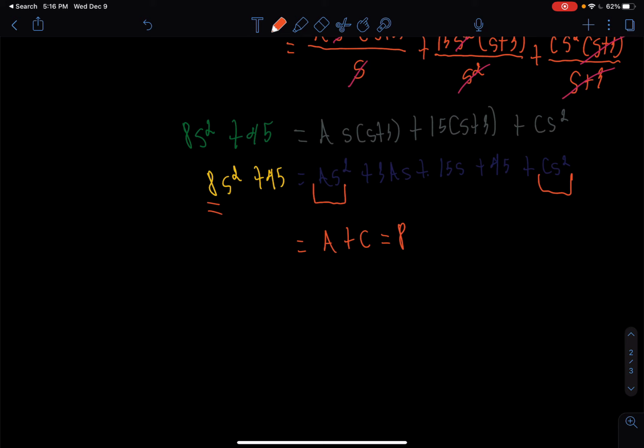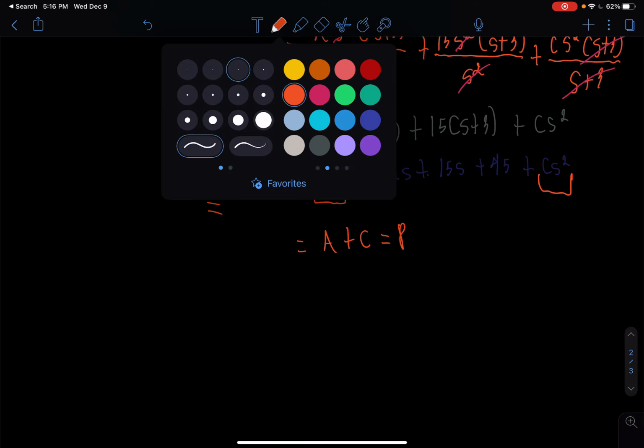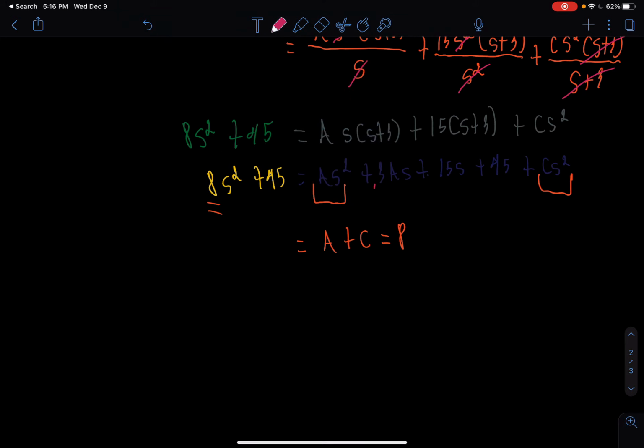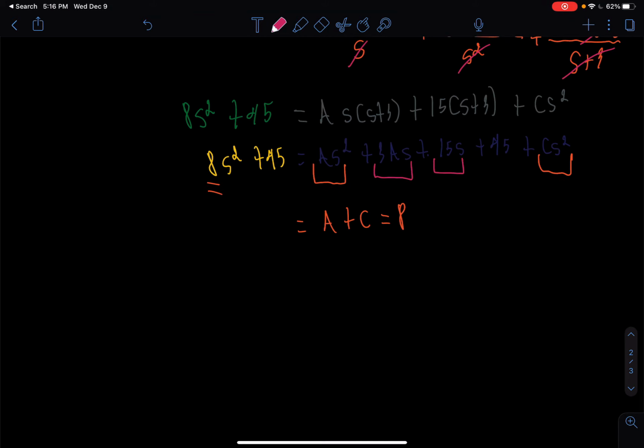So basically we can now match this right here. So now we can have 3a plus 15 equals 0, right? Because there's no term like that on the left side.